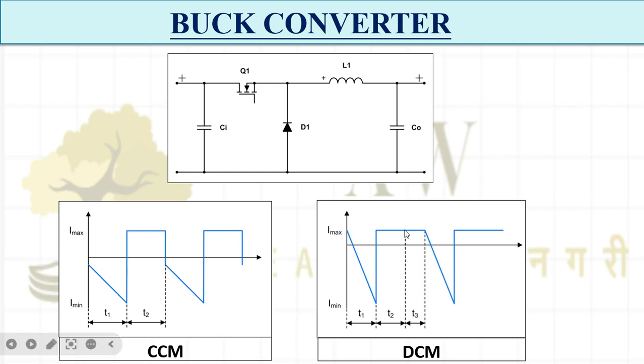It will hold the maximum current, and in DCM it will also hold the I maximum value. You should know these two waveforms. If you are passionate to know how exactly these waveforms come about, you should go into the analysis, or write in the comment box that you need to know exactly how this behavior comes. I will get motivated and make a video on it.